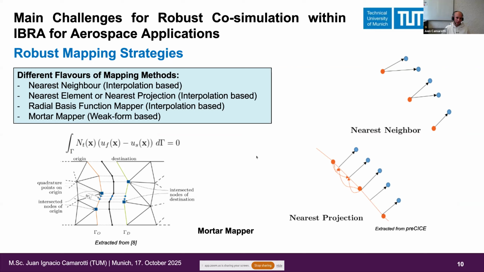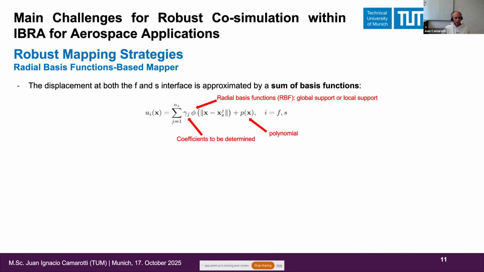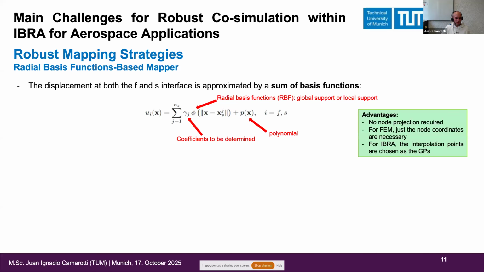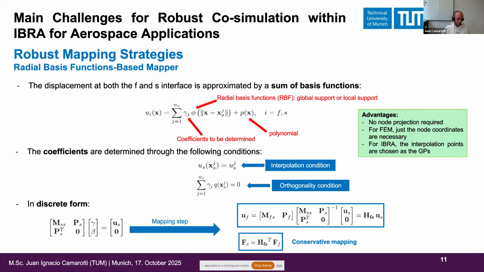So most of my research is basically comparing all these different flavors of mapping algorithms for coupled problems. I don't want to delve into the radial basis function mapper, but we can say that basically this RBF mapper is constructing your solution field as a linear combination of coefficients times radial basis functions plus a polynomial.